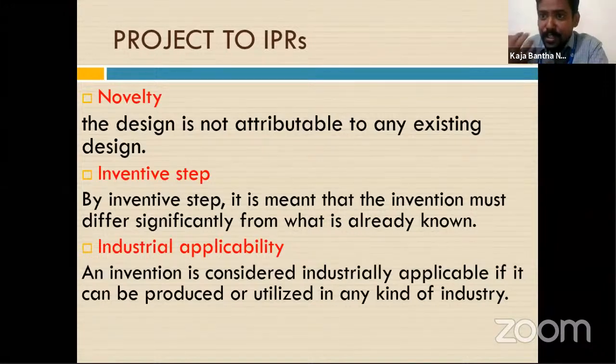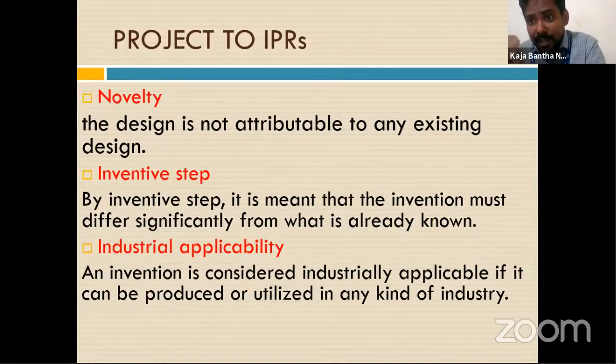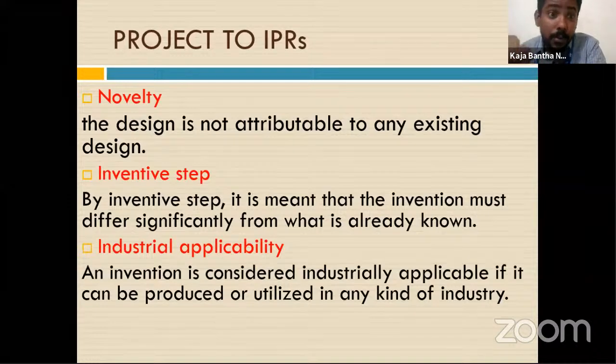You are telling me. I know that you are sound, but you can protect your ideas, sir. Do you have novelty in your project, sir? Yes, sir, I have novelty, sir. The design is not attributable to an existing design, sir. Yes, I have a new design. I have a technology. I have a proper methodology, proper steps in my project.